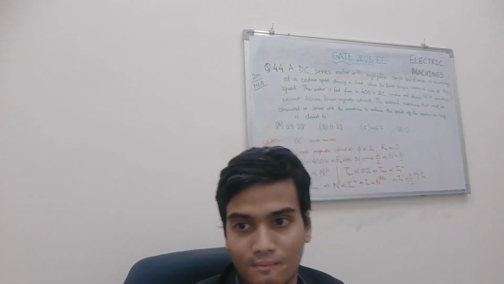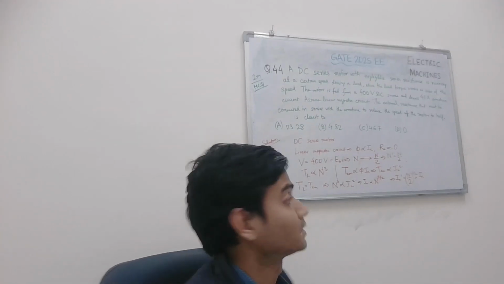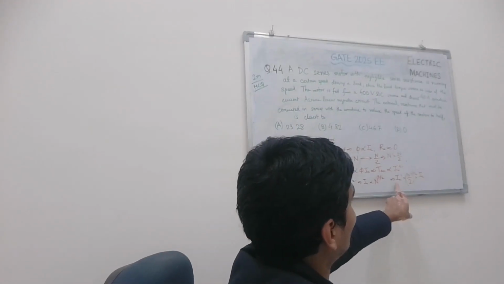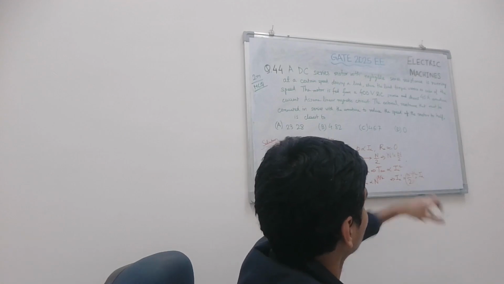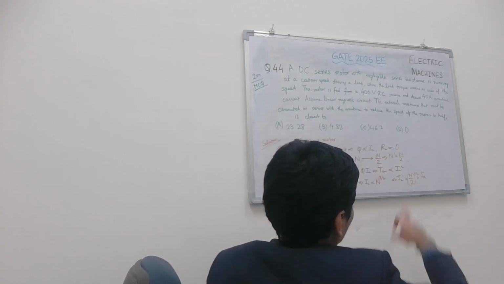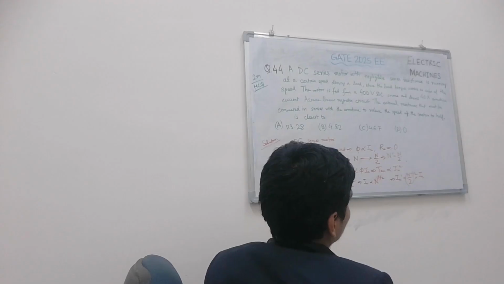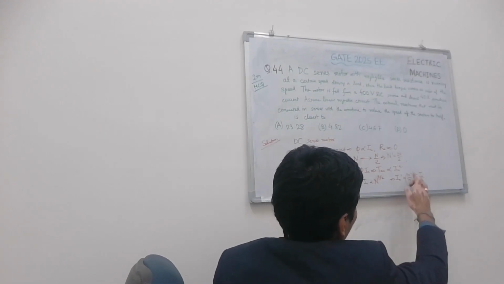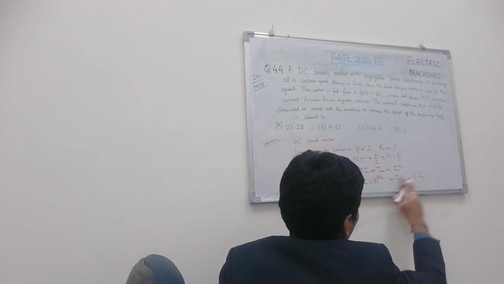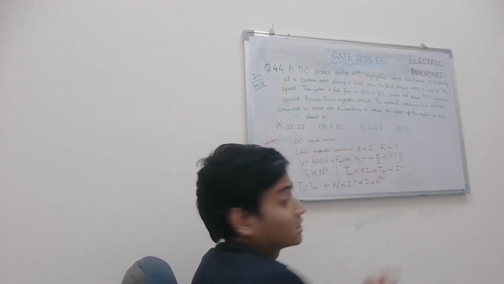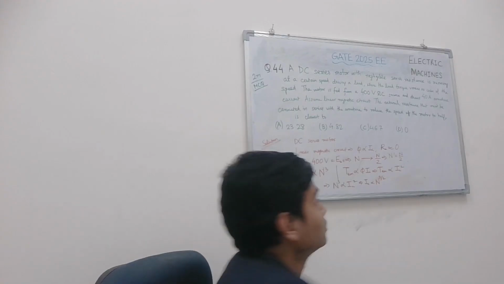So basically, Ia is proportional to n to the power 3 by 2.